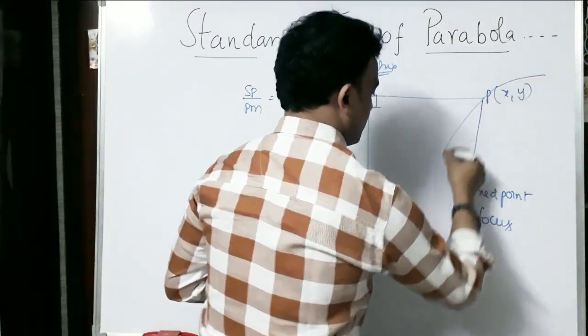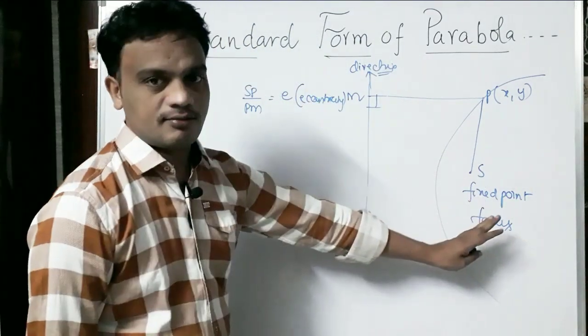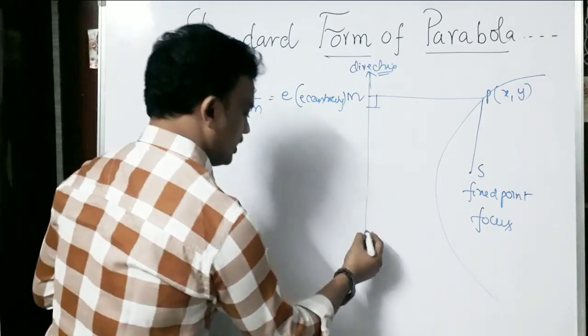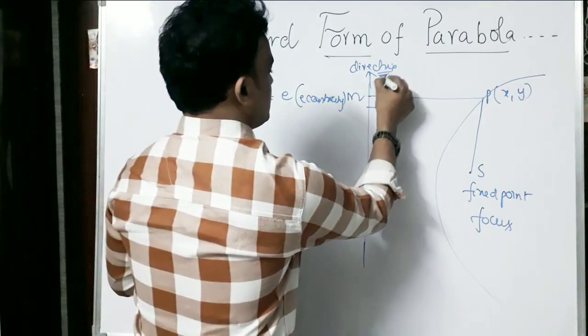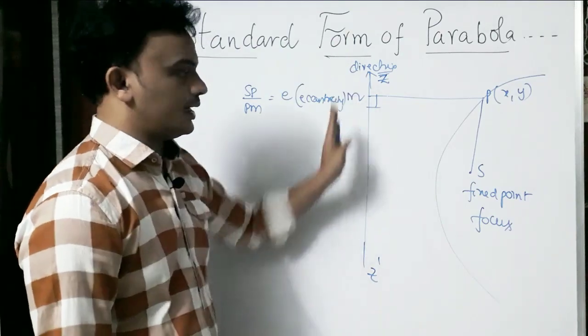So it is a parabola, with the locus point P. Let S be the focus. I am going to take the directrix, let us take Z dash as the directrix.